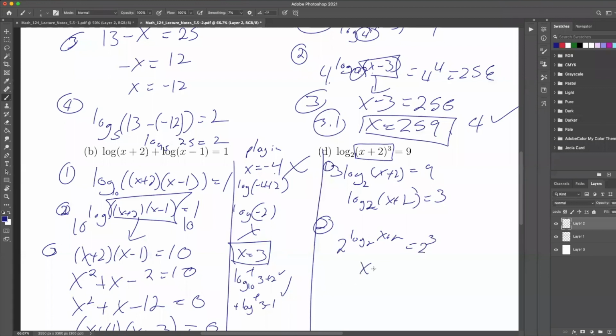That means x plus 2, because whatever is here just falls through when you have a raised to the log base a, so 2 raised to the log base 2, whatever's there just drops down. And then here, 2 to the third is 8. So x is equal to 6. We plug that back into here, we get 6 plus 2 raised to the third power, and that is correct, right?